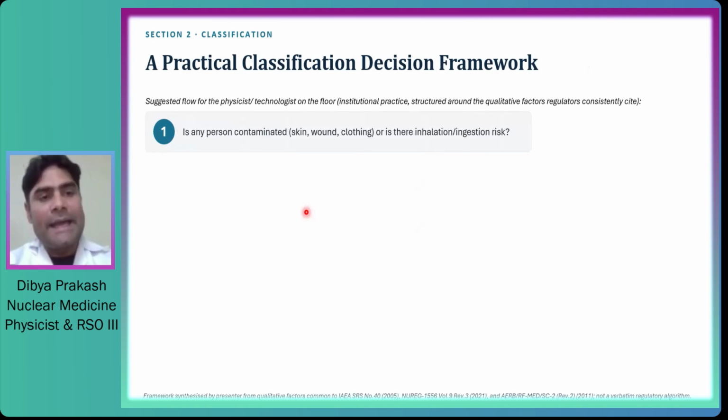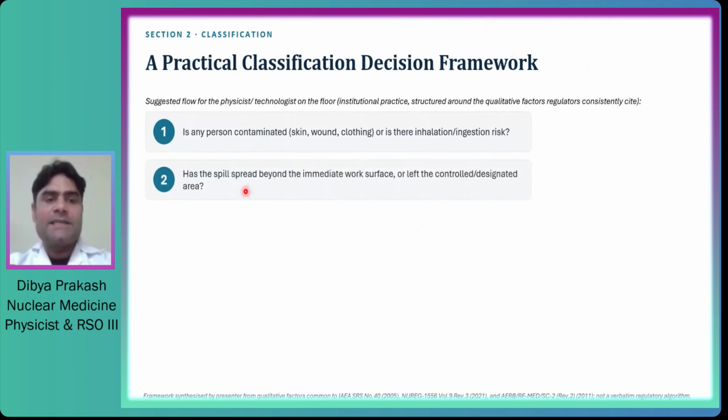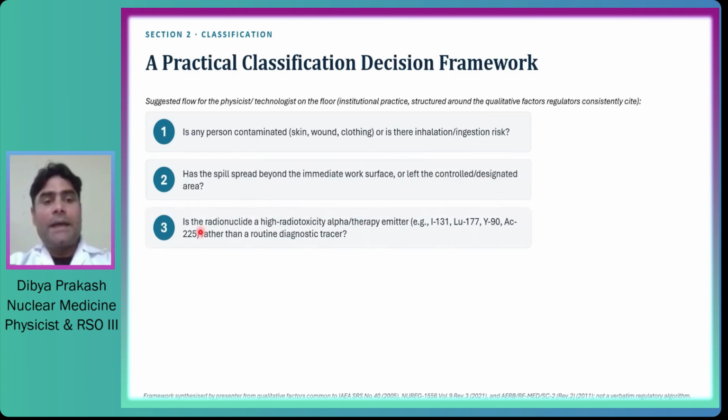For example, is any person contaminated on skin, wound, or clothing, or is there an inhalation risk involved? Has the spill spread beyond the immediate work surface or left the controlled designated area? Is the radionuclide of high radiotoxicity, like alpha or therapy emitters like iodine 131, lutetium 177, rather than a routine diagnostic one?